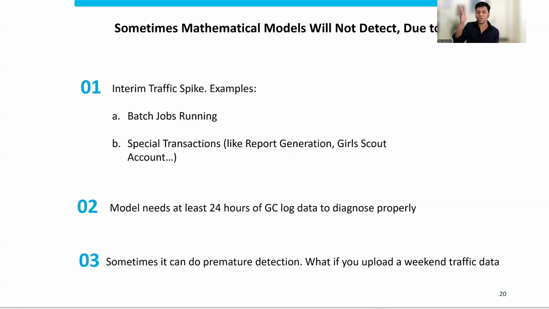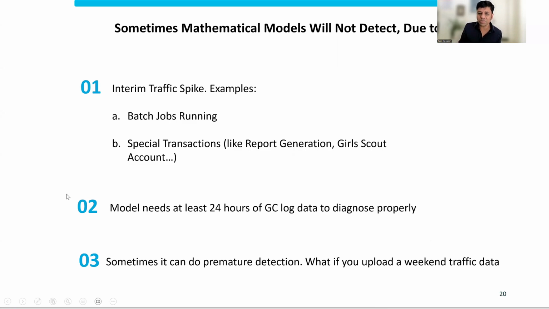The mathematical model will not be able to think there is something wrong here. It just thinks it's a regular traffic pattern. Because of these kinds of interim traffic spikes, the model will not be able to detect properly.